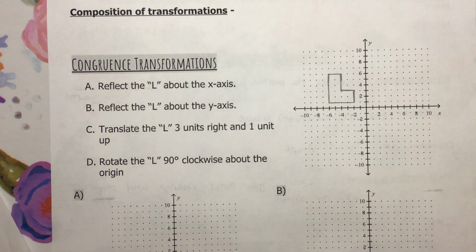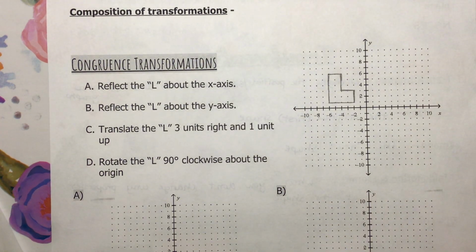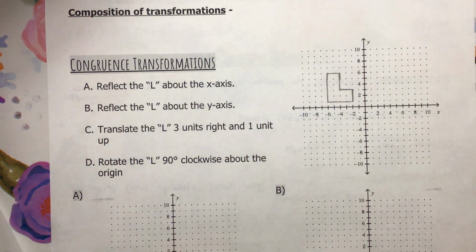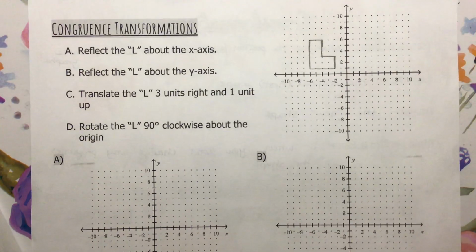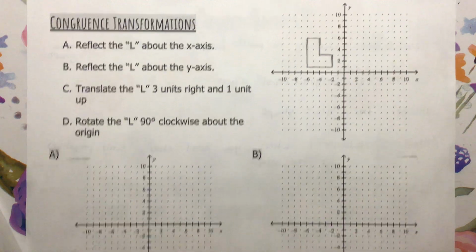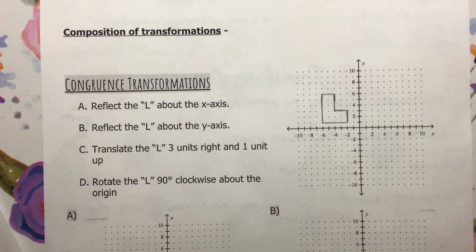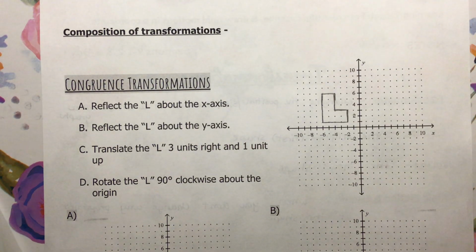All right, so now we're going to put this into a little bit of practice just so you can see what that looks like in the coordinate plane. So here we have something called a composition of transformations. A composition of transformations is just when you do one movement after another to a shape.